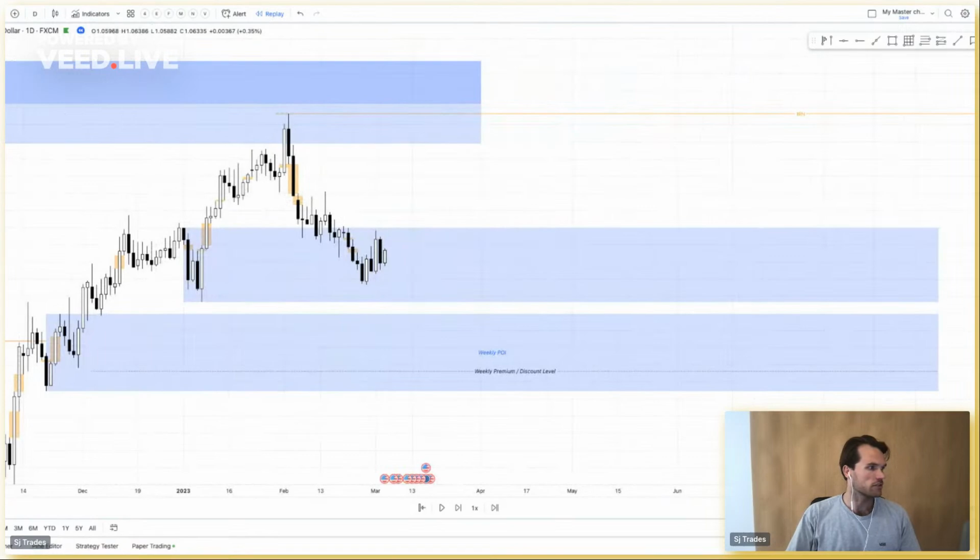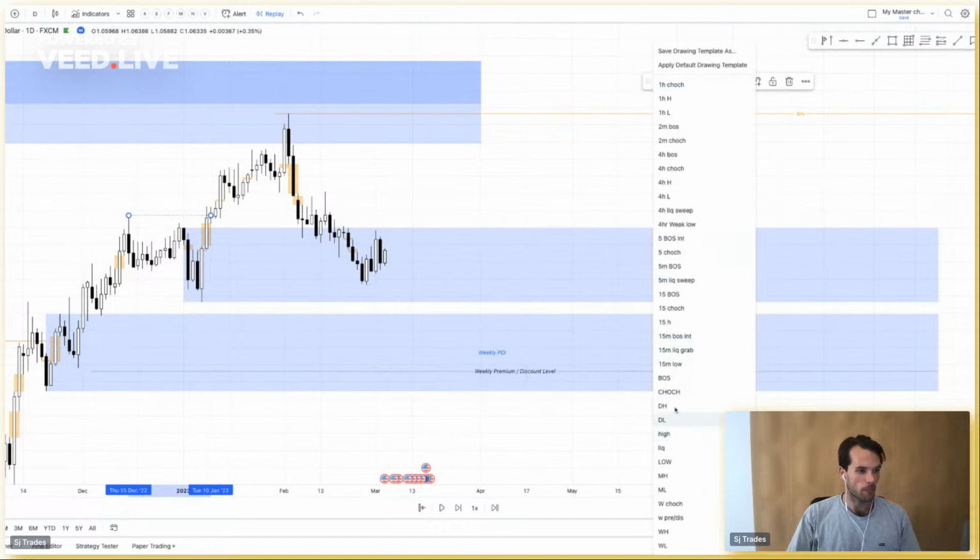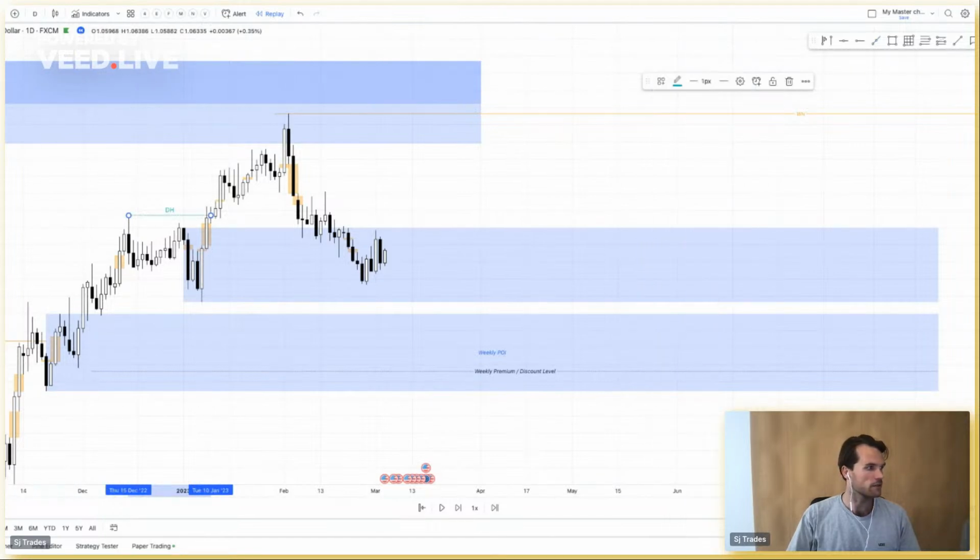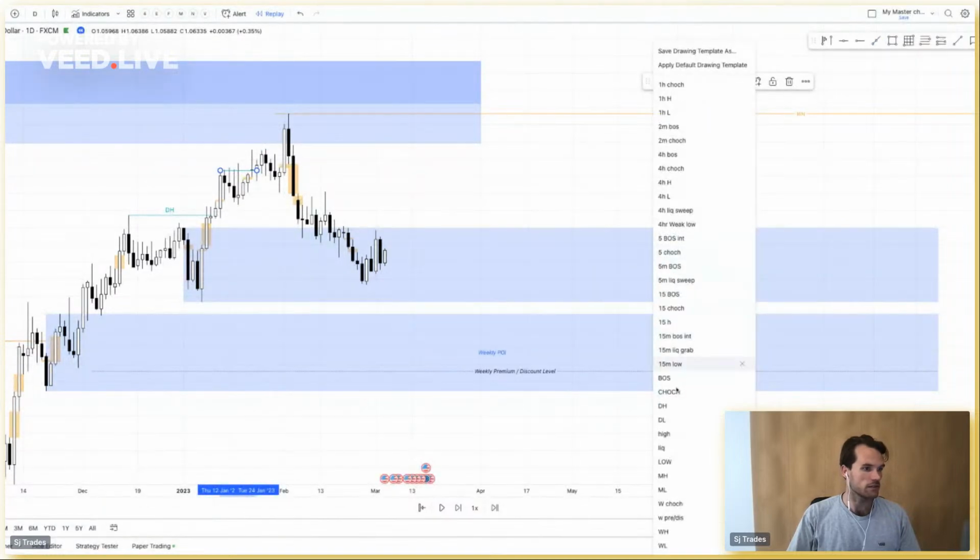So pretty much just to get the structure of the last, we had this, a daily high broken, a lot of wicks. For me, I would say it's not really something, I'll have it like this.